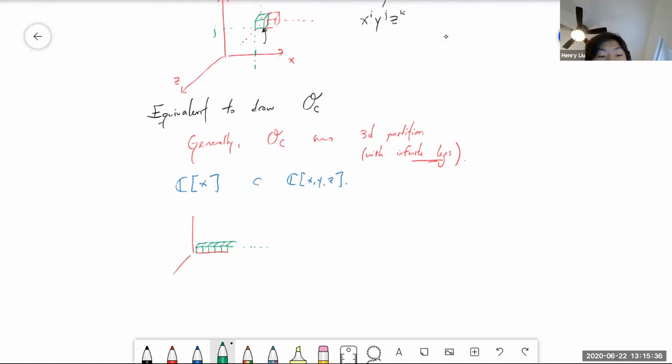And of course, more generally, you can get all kinds of legs. Let's say you have some non-trivial thing over here. Okay, I'm very bad at drawing these. Please excuse my bad drawings. And you can get some stuff over here and some stuff over here.